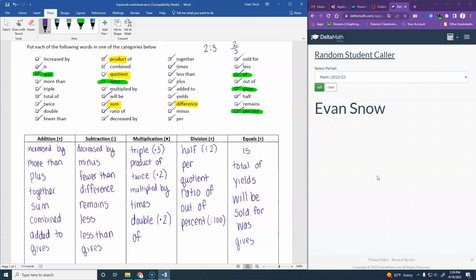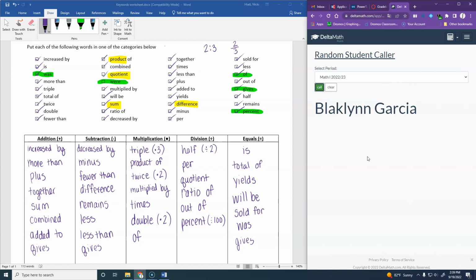Like if Aiden gives each person 2 cookies, that could be asked as a multiplication problem, like how many cookies did he have? Or it could be given as a division problem, like he had 40 cookies, he gives everybody 2. So we maybe could put it there too. It's everywhere. All right, so the last one is were.